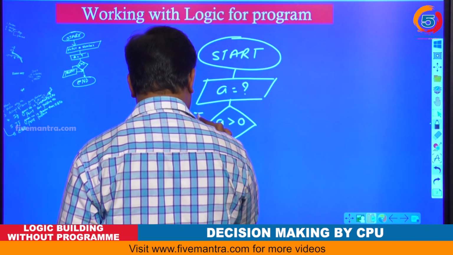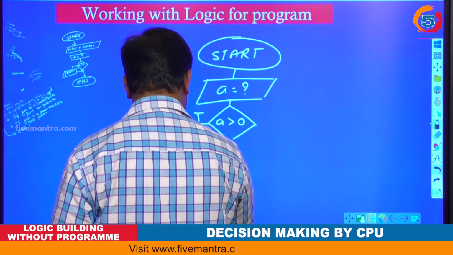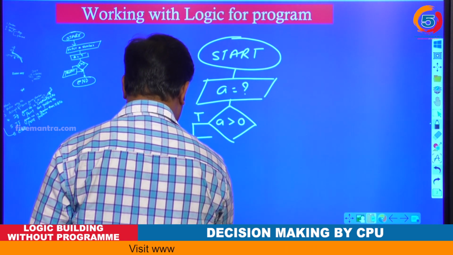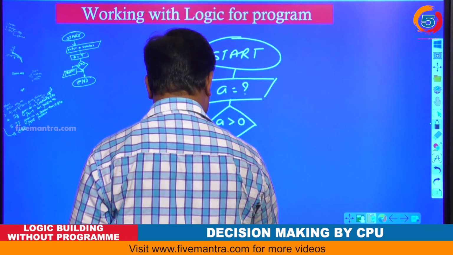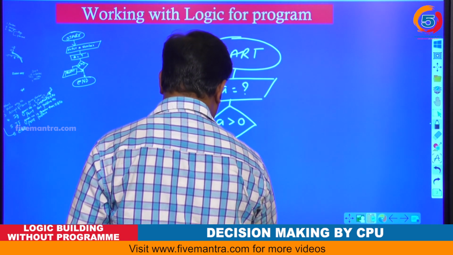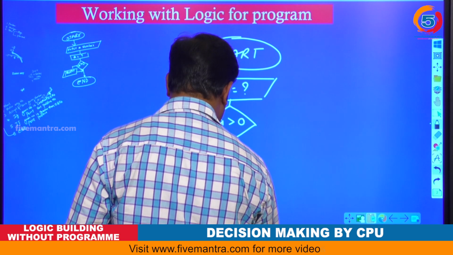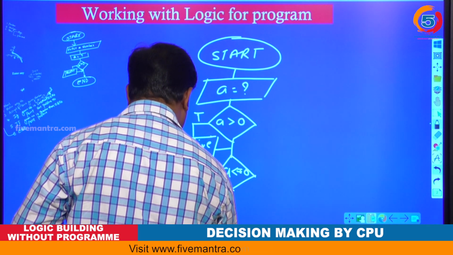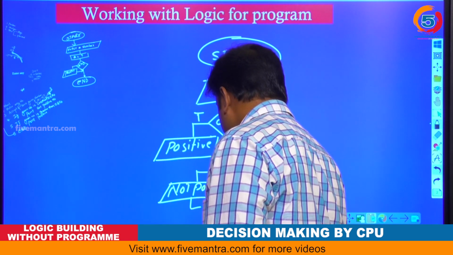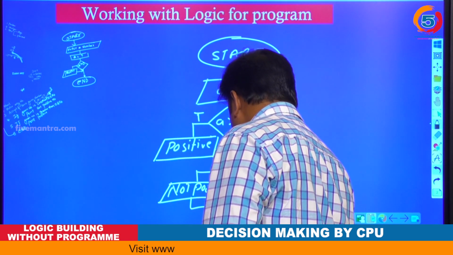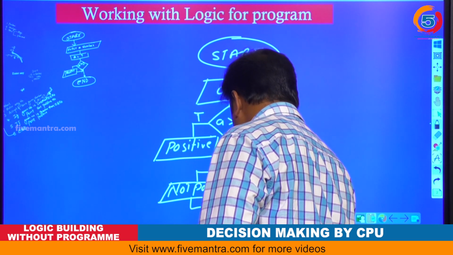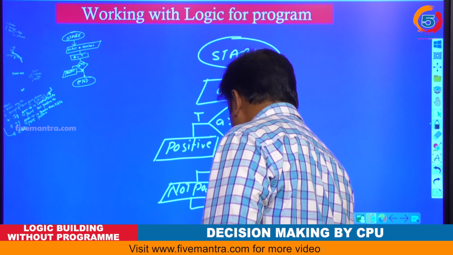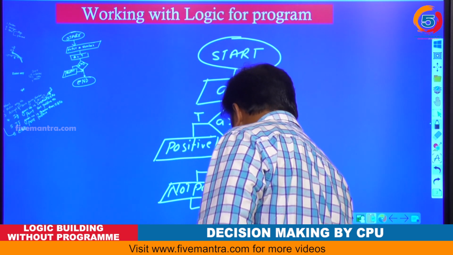Yes, it is true, then I have to print positive. Once again it will come into this other condition: I'll check a less than or equal to 0, not positive. Once it is completed, normal flow, then a message like thank you, next, end.